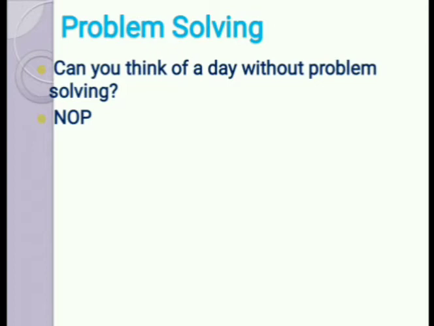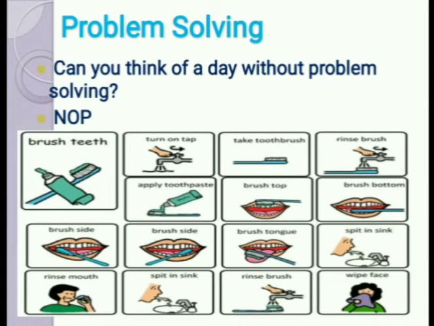Every morning you brush your teeth, isn't it? So let us now see what are the steps that you should follow brushing your teeth. Here are the steps. First thing you have to do is turn on the tap, then take the toothbrush, rinse the brush, then apply toothpaste to that brush. Then you have to brush it properly.